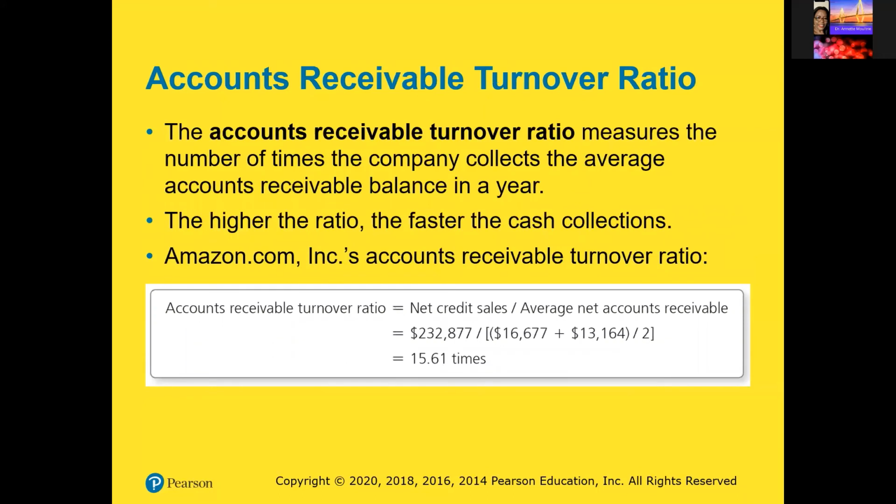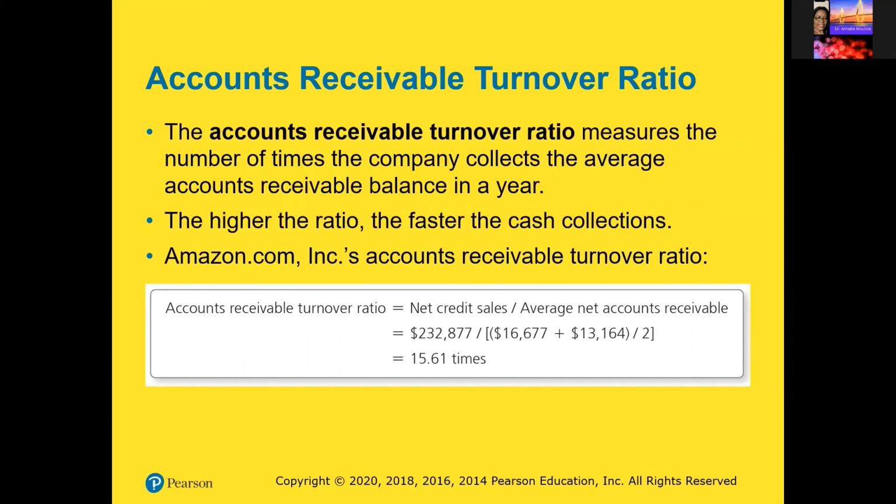The accounts receivable turnover ratio measures the number of times the company collects the average accounts receivable balance in a year. The higher the ratio, the faster the cash collections. Amazon's accounts receivable turnover ratio indicates that the business turns over its receivables 15.61 times a year.